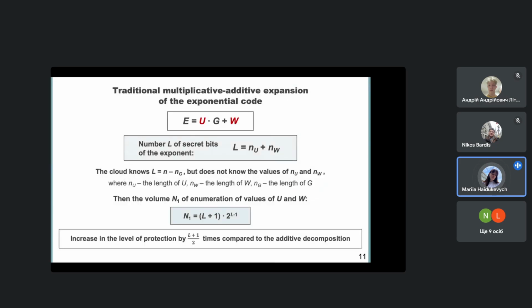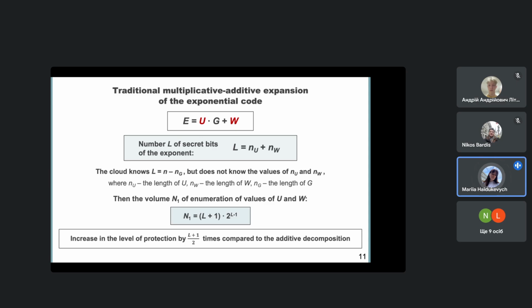The proposed method is a development of the concept of multiplicative additive decomposition of the secret exponent code E, which is widely used to accelerate the calculation of the exponent with the involvement of cloud systems. The number L of secret bits of the exponent is determined by the sum of the bit depth of the components U and W processed on the microcontroller.